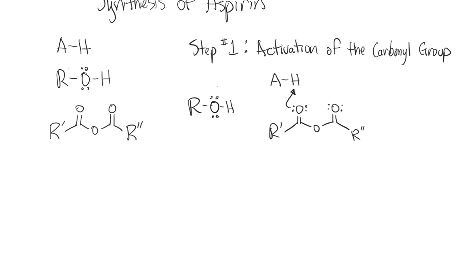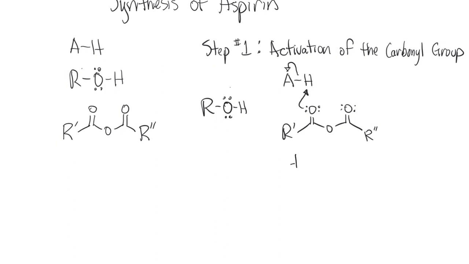But in this scenario, because that oxygen has formed a bond with the hydrogen, the bond here is going to break, and those electrons are going to move onto the conjugate base. And so what we would get is this right here.